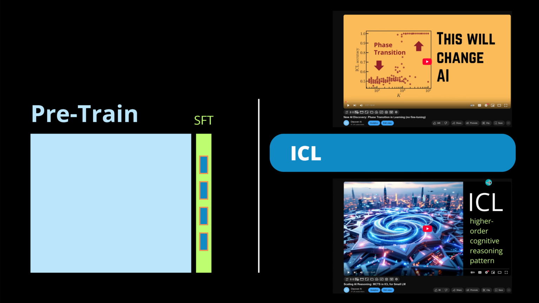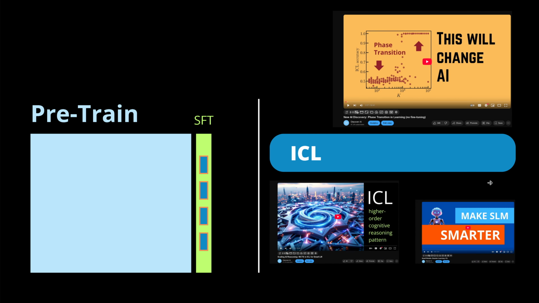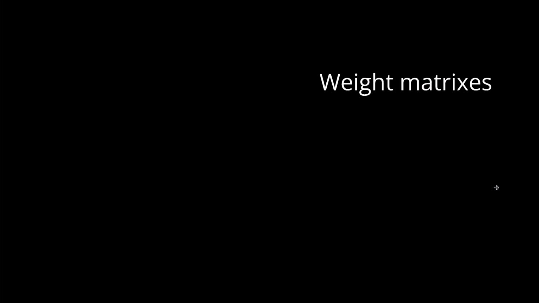Plus, I showed you that if we go not with few-shot examples in in-context learning, but with higher order cognitive reasoning patterns in ICL, we can have a significant performance jump. And if you're new to ICL, this is the video for you. I just show you that small models can learn smarter if you are a little bit knowledgeable about how to make them smarter.